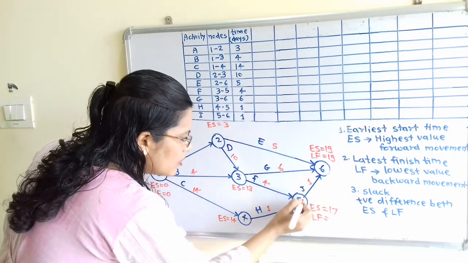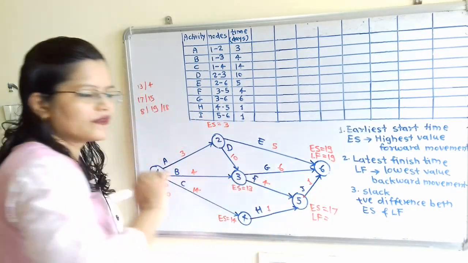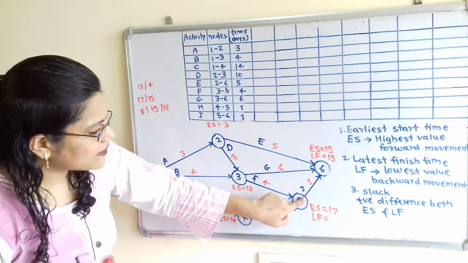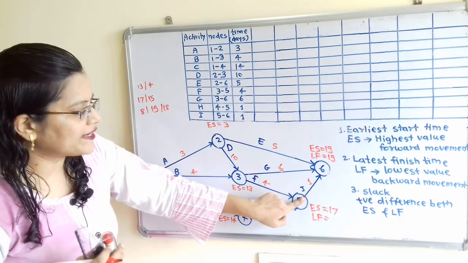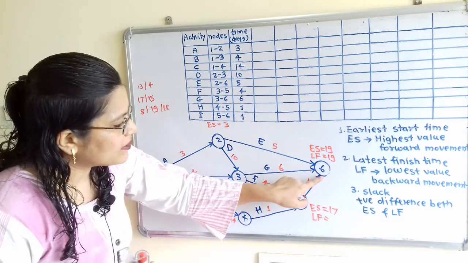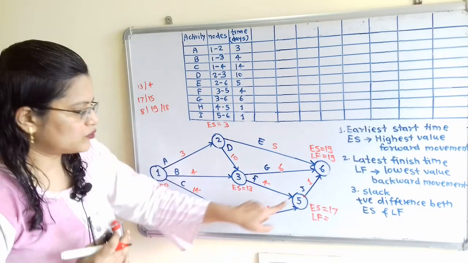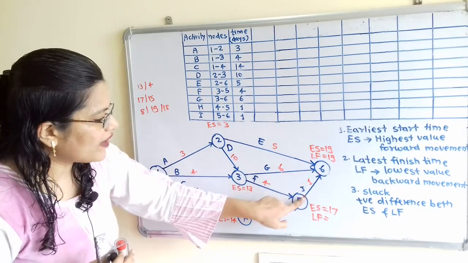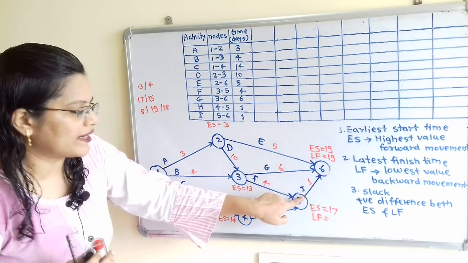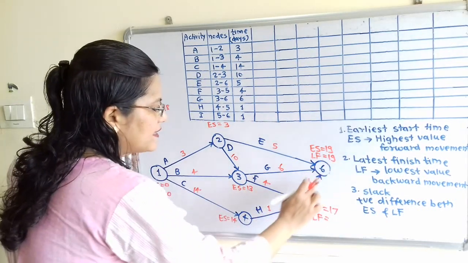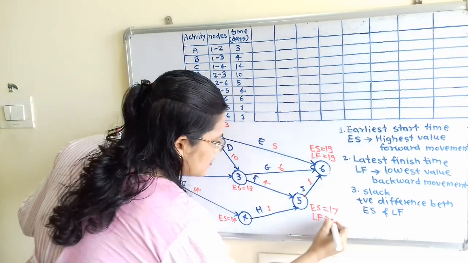We have to refer to the arrow head, because node 5 is the start point of the arrow, and here the arrow point is the end point of the arrow. So at node 5 there is only one start point. So how to calculate LF? 19 minus 1, that is 18.